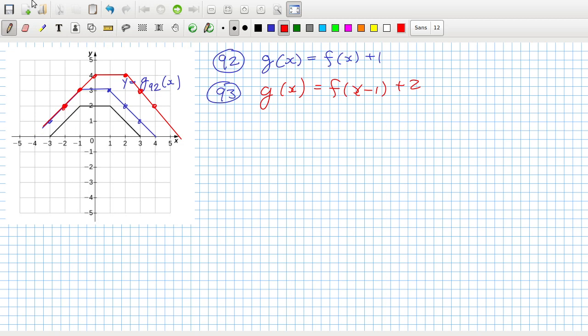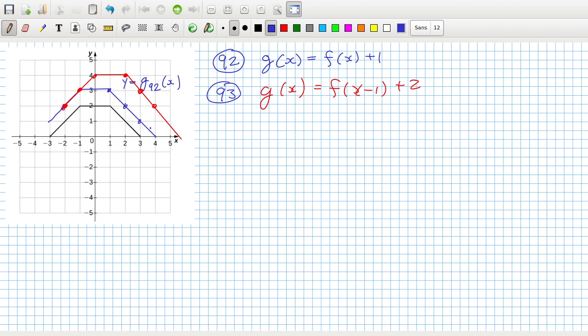Let's see now. That's definitely gone. And the red one doesn't actually quite go there, it's just the blue one. Okay.